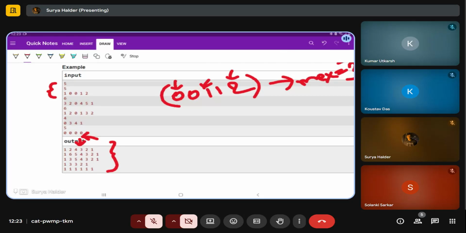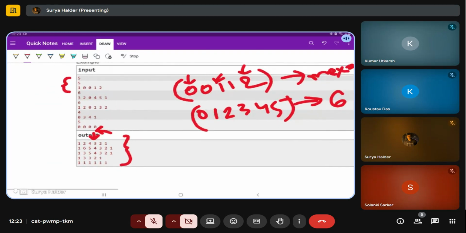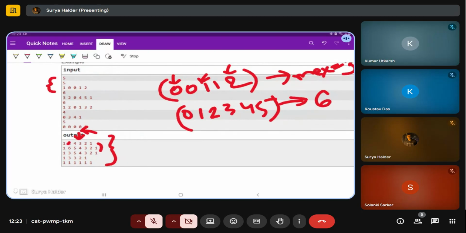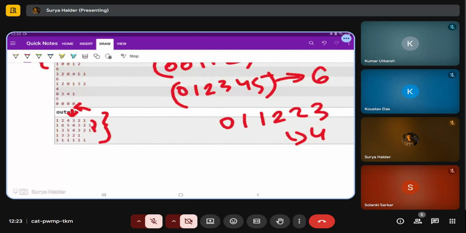Let us go for the second example. 0, 1, 2, 3, 4, 5. So the mex of this is 6. See the second example, I have moved from 1 to 6. Let us go for the third example. 0, 1, 1, 2, 2, 3. So the mex of this is 4. See over here, I have moved from 1 up to 4.